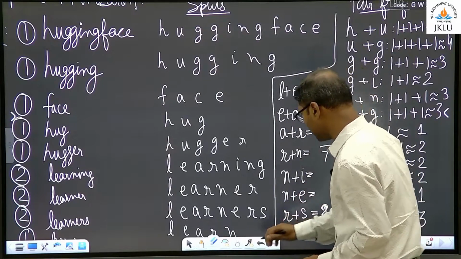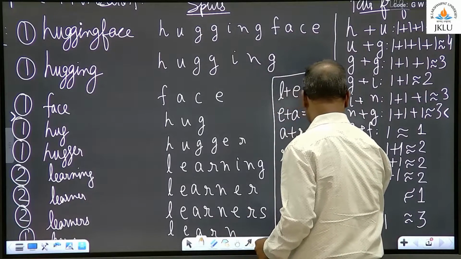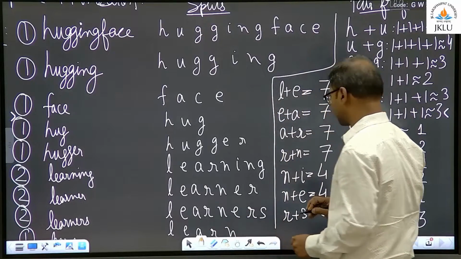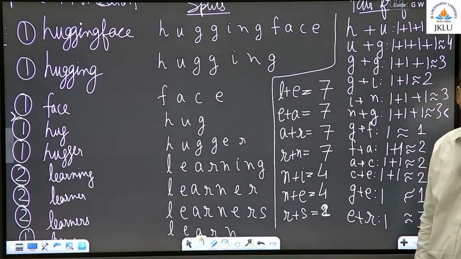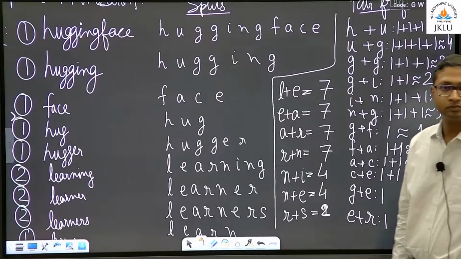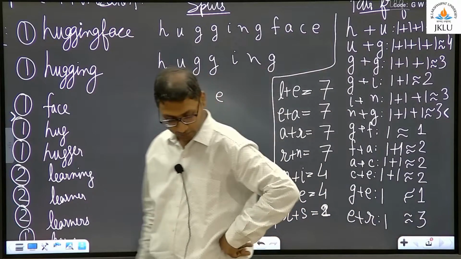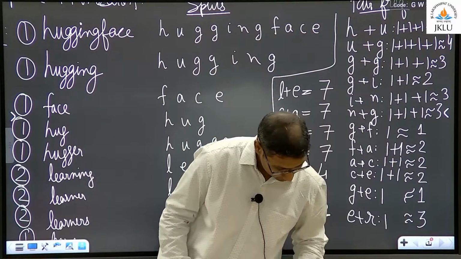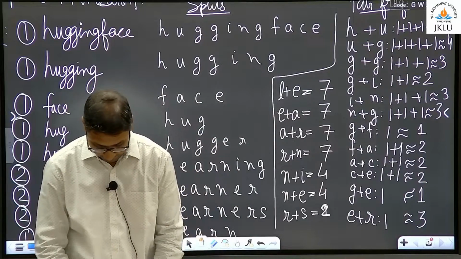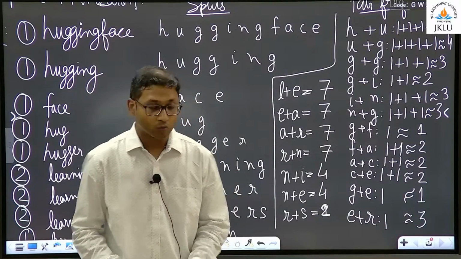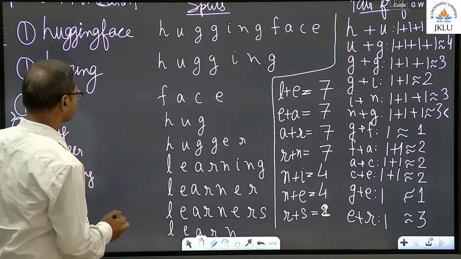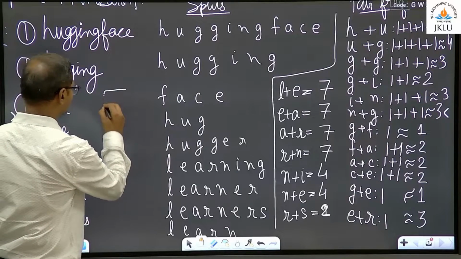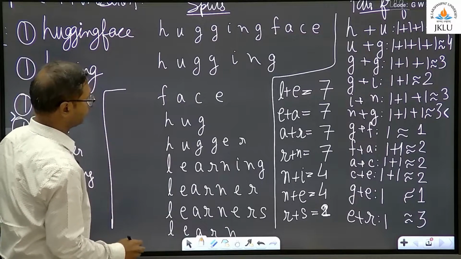Both NI plus NE, so this becomes 4, this becomes 4. Any other mistakes? This is fine. So we are done with the first step. Okay, what is our vocabulary until now? Maybe I'll use this space for that.